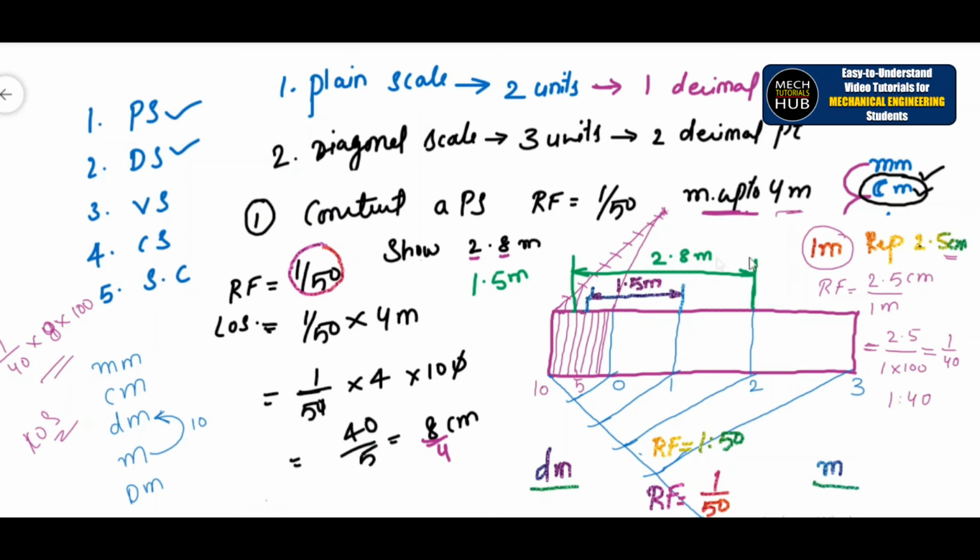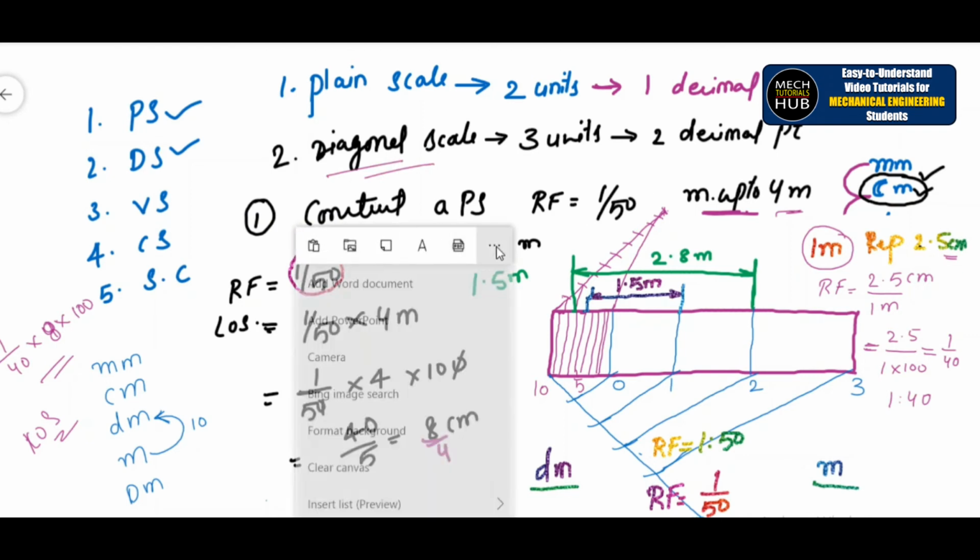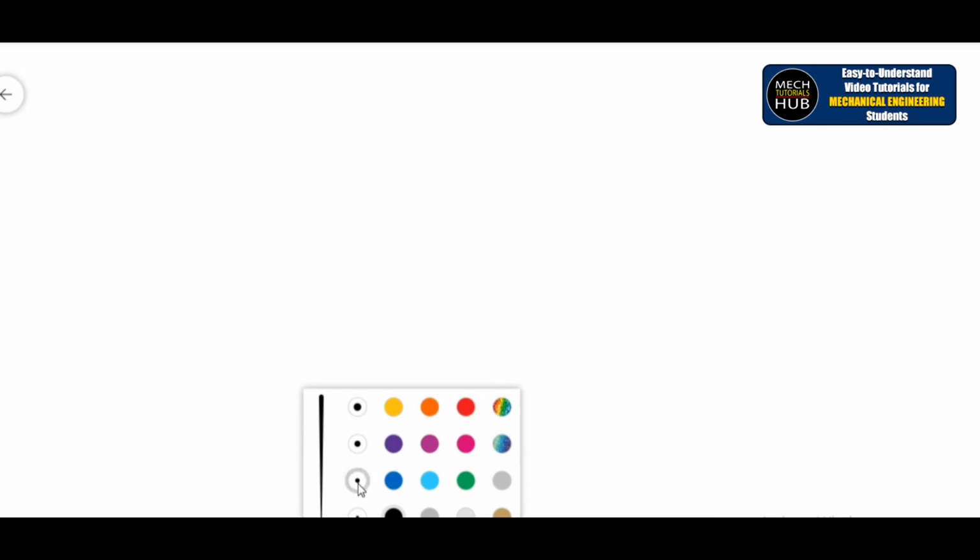Alright, now let me talk about the diagonal scale. Okay, right, again I'll clear the screen and get one more plain sheet. Here what we try is a diagonal scale. For this diagonal scale, let me trace a question. He may ask you to show three different units.